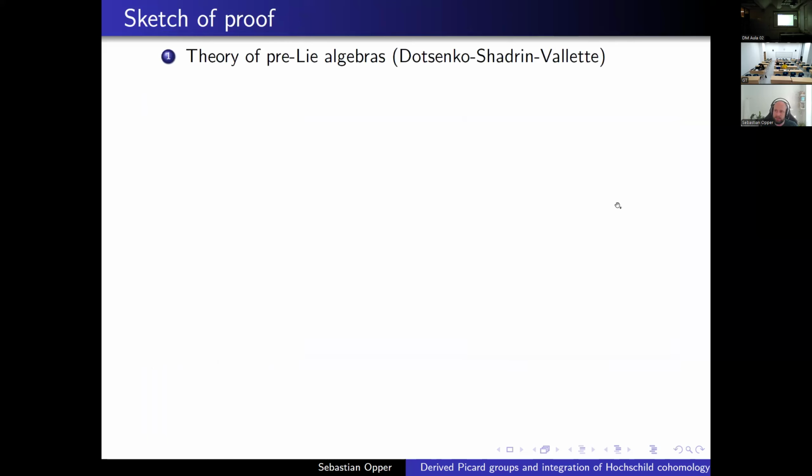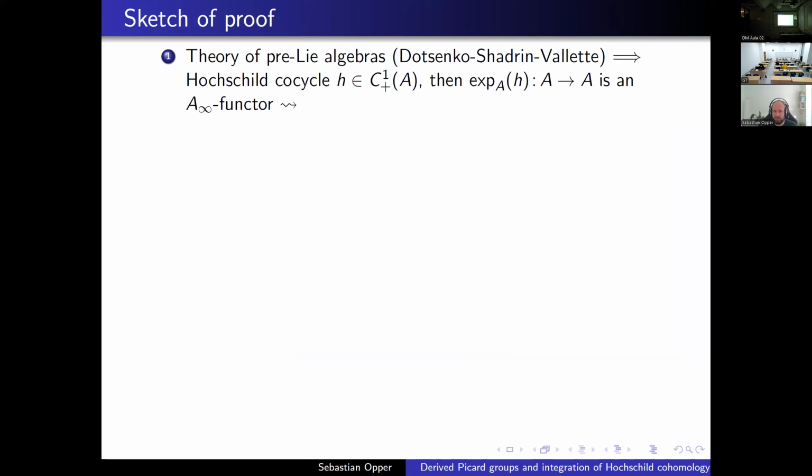Okay, so the proof is roughly as follows. I hope it's not too much. The first step is to say, well, if I have the exponential, do I get A infinity functors? And this is where they use the theory of pre-Lie algebras, in particular work of Gerstenhaber.